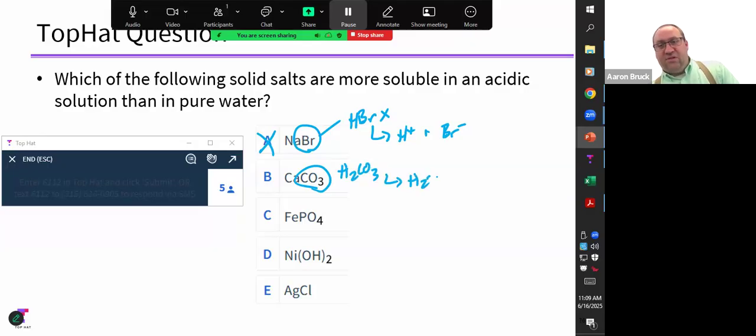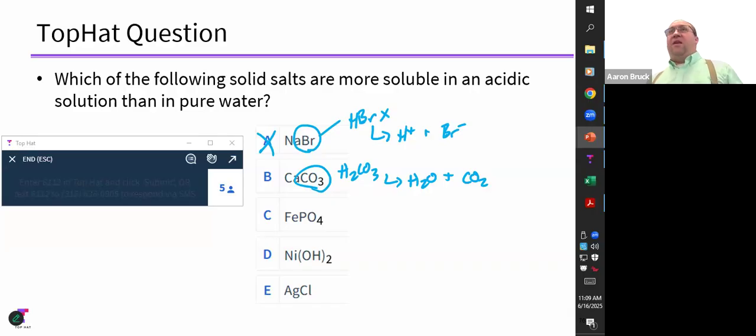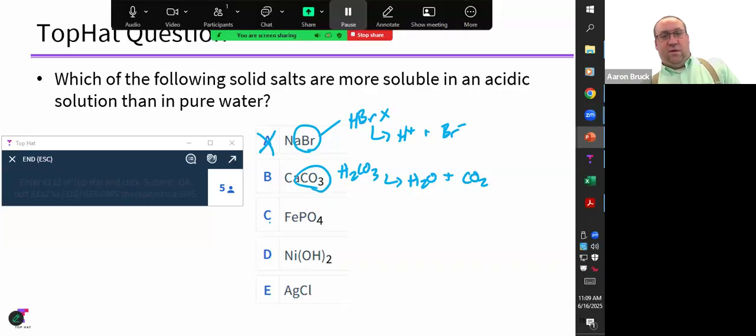Carbonic acid decomposes into CO2 and H2O. So as I'm increasing the amount of hydronium, I'm going to see that the calcium carbonate is going to become more and more and more soluble because the carbonate's going to keep reacting with that acid and going away.